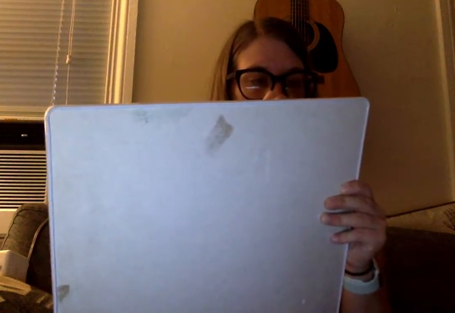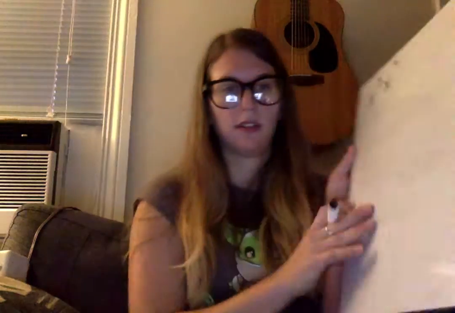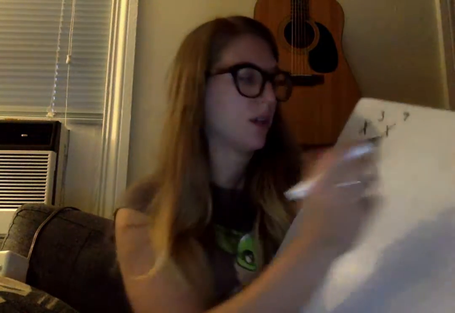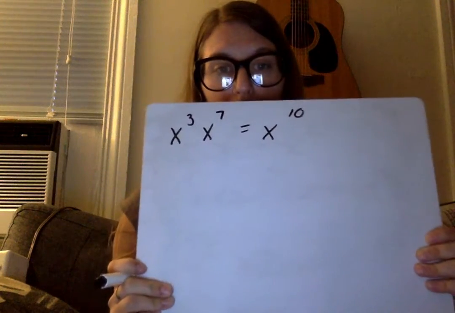I'm never going to tell you not to do something that works for you. Always do something that works for you, and if you need that visual, that's great. So the example that I left for you is x to the 3rd times x to the 7th. We're just going to add them. X to the 10. Easy peasy.